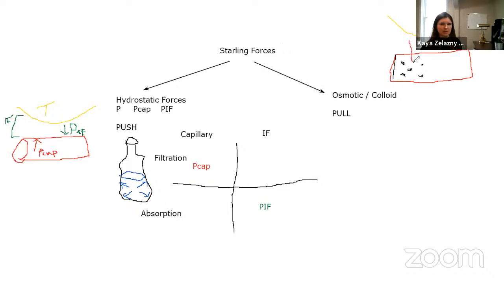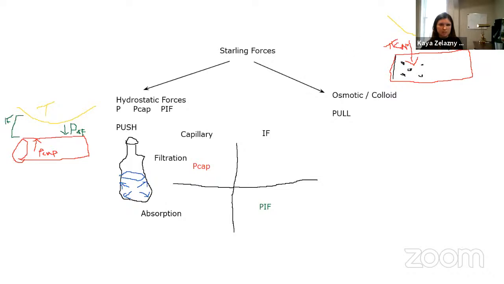It's going to go this way, right? So we're going to have water being drawn towards those proteins. So that is our pi cap. So it's the osmotic pressure, which is a pull caused by those proteins in the blood.